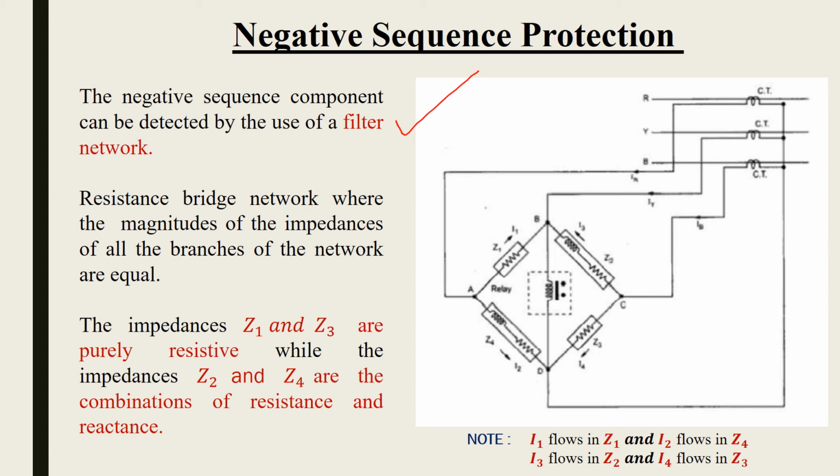Also, the arrangement is made in such a way that the current produced in impedance Z2 and Z4, that is the currents I3 and I2, will lag the current produced in impedance Z1 and Z3 by an angle of 60 degrees.